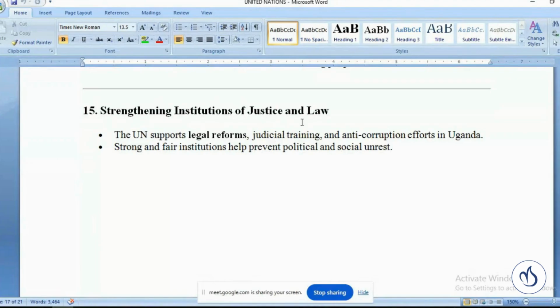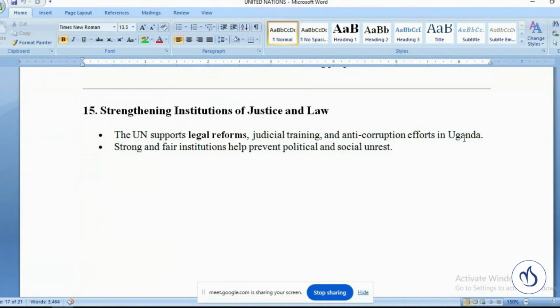It will always train lawyers and support anti-corruption efforts in Uganda. The UN will always monitor our courts. Is there justice? No. What should we do?